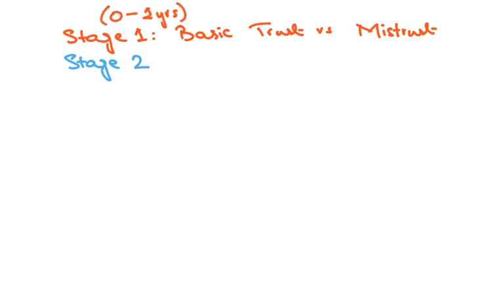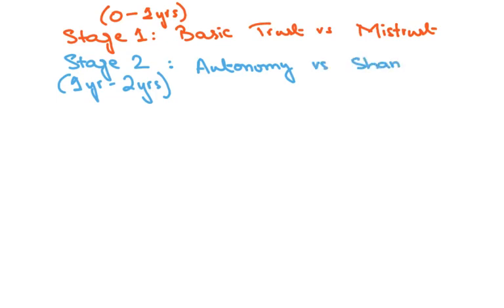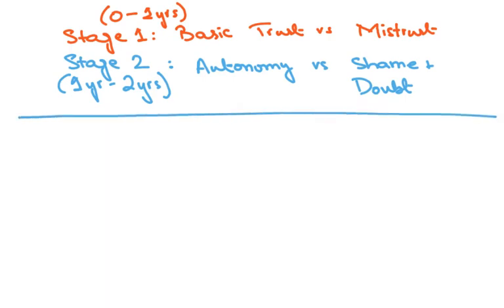Stage 2 spans from 1 year to 2 years of age, and this is autonomy. Either the child will develop autonomy or they will develop shame and doubt. These are the two stages that we look at when we're considering social and emotional development in infancy and toddlerhood. Now, when we look at emotional development in children, what do we see?